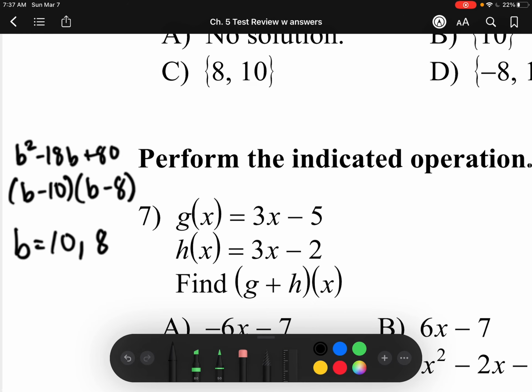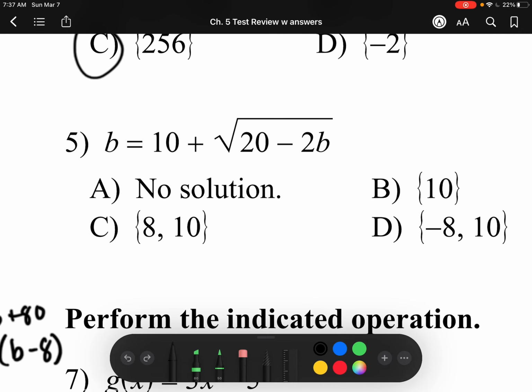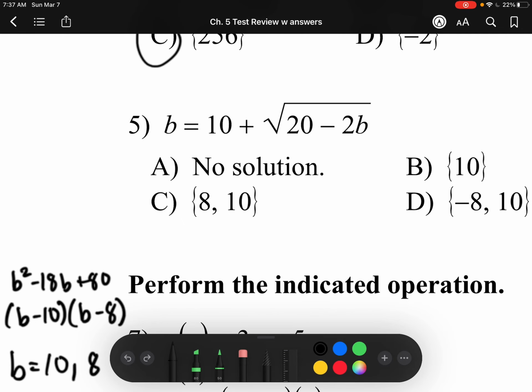So I'm going to start off with plugging in 10 for b, right? So I'm replacing this with 10, and I'm replacing this with 10. So I have 10 is equal to 10 plus the square root of 20 minus 2 times 10. 2 times 10 is 20, right? And then 20 minus 20 is 0.